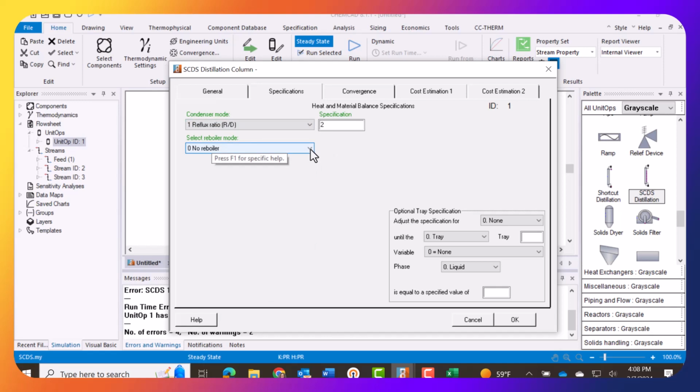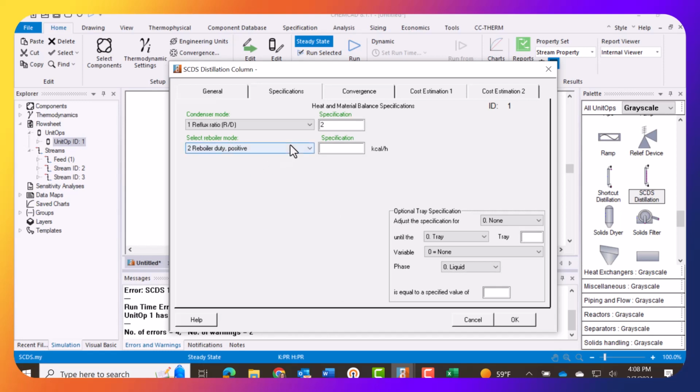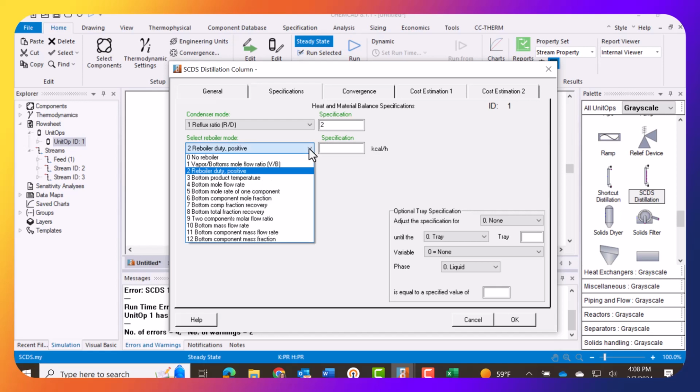And then the reboiler mode. So I have a reboiler, so not no reboiler. That would be a mistake. I can choose any of these things, but I don't know the reboiler. If I click that I want there to be heat added, I have to tell it what that amount is. I don't know that.